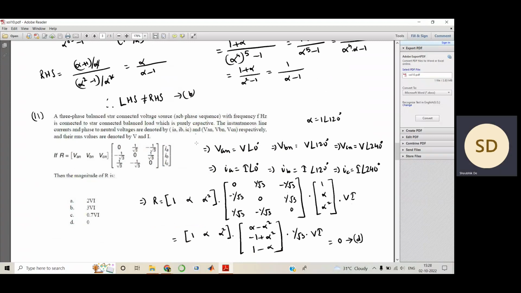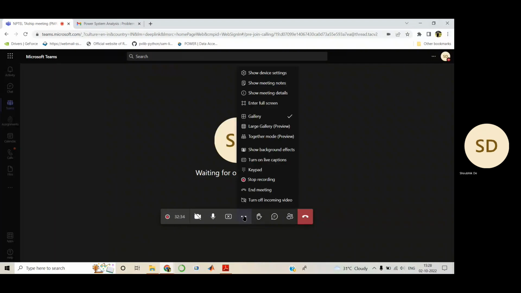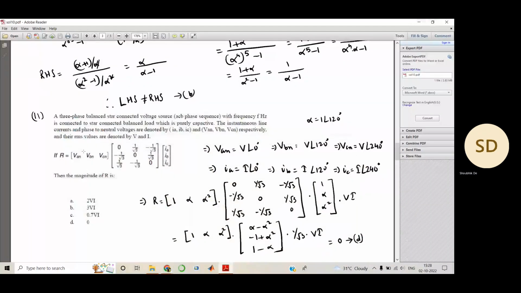Okay, so let us go to problem number 11. Now here they have said that a three-phase balanced star-connected voltage source in ACB sequence with frequency f hertz is connected to a star-connected balanced load which is purely capacitive.